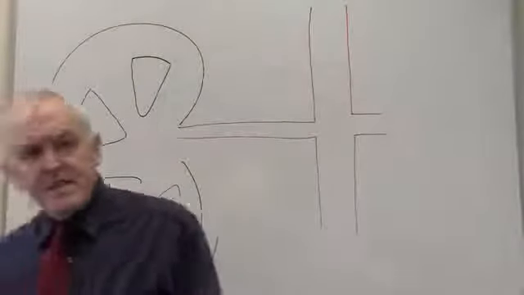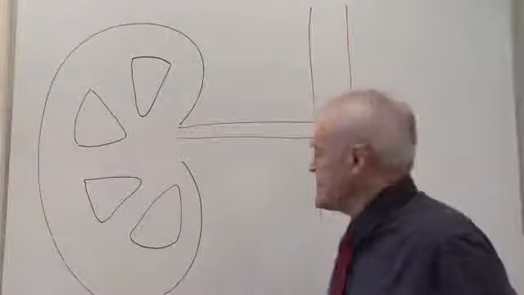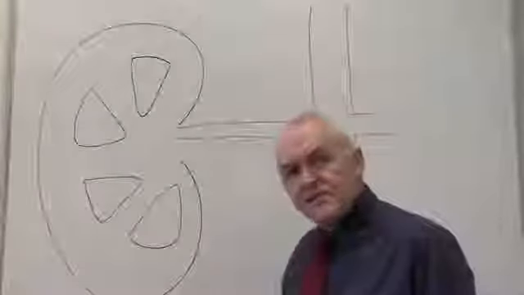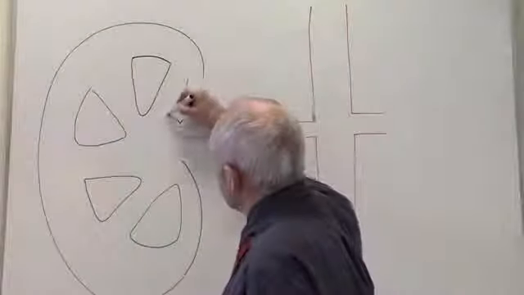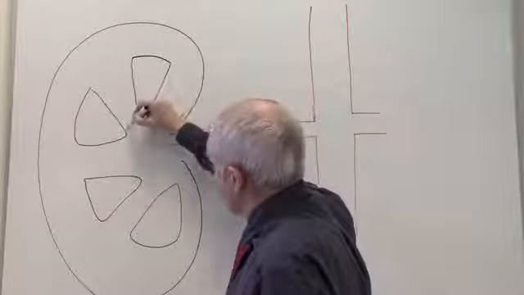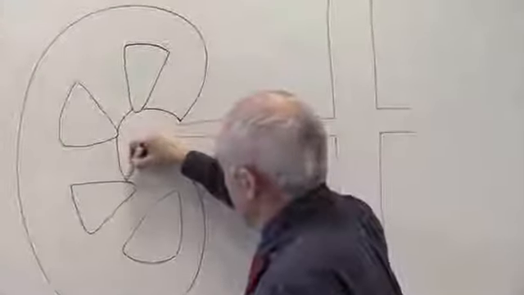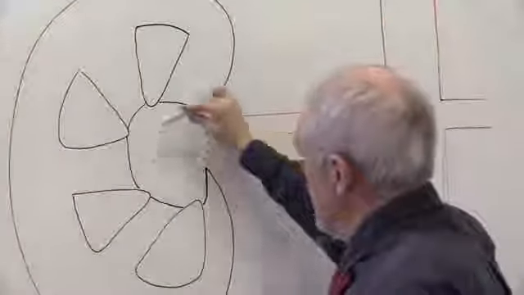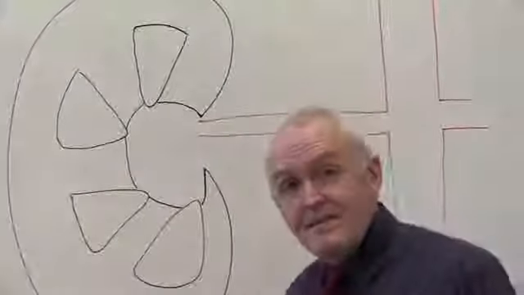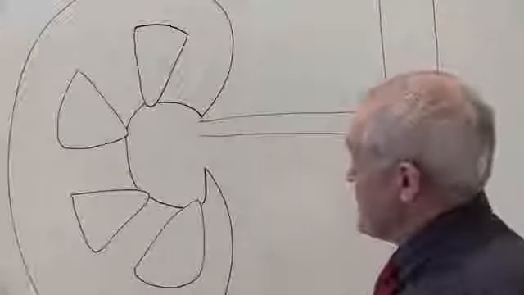Now the kidney is essentially hollow in a sense because it contains the renal sinus. So here we have the renal sinus. And the renal sinus is this hollowed out area in the middle of the kidney.